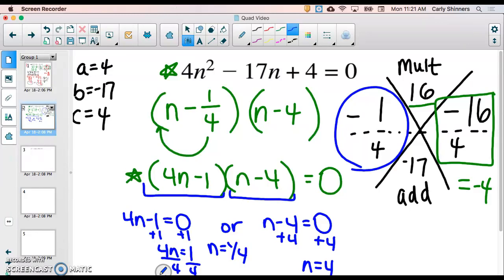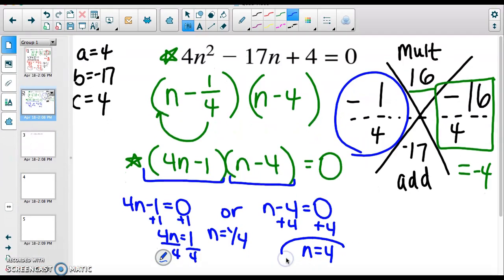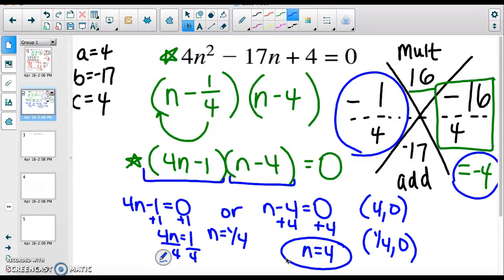Or n is 4, which is, again, just the opposite of that. If I wanted to write these as points, my intercepts are right here.